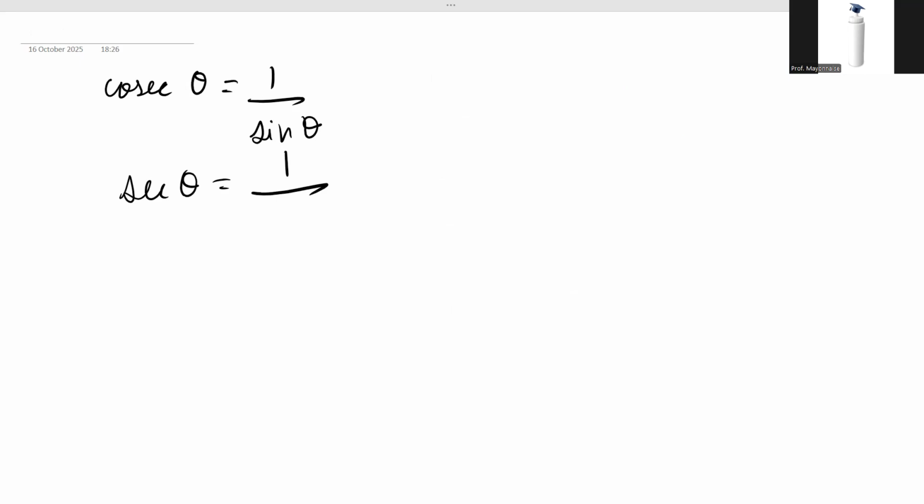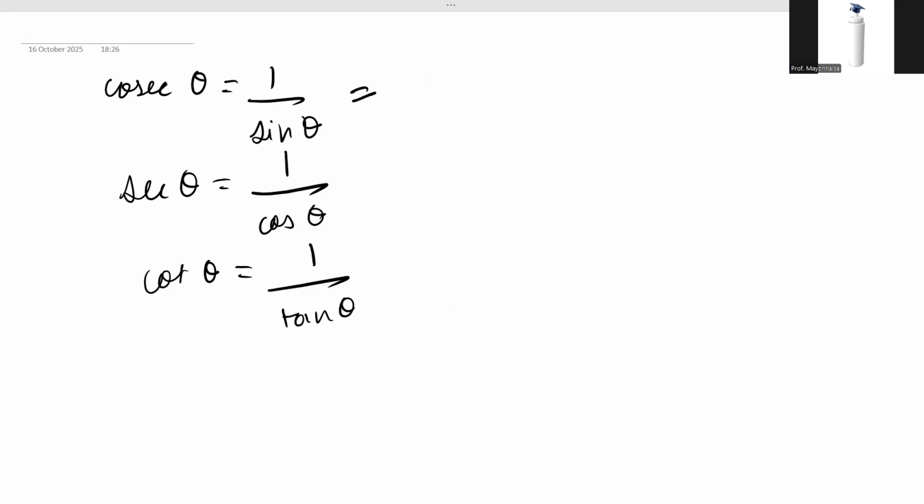We have got cosec theta, which is 1 by sine theta. We've got sec theta, which is 1 by cosine theta, and cot theta, 1 by tan theta.